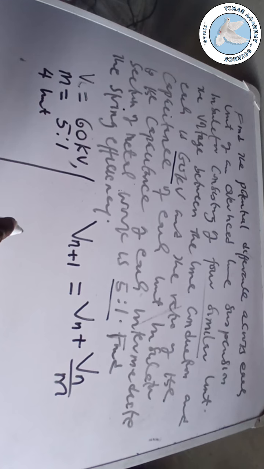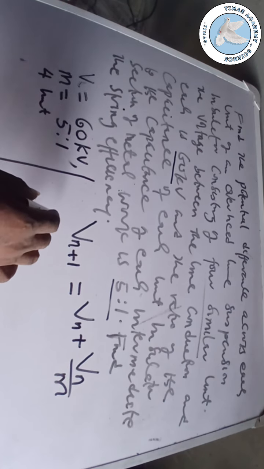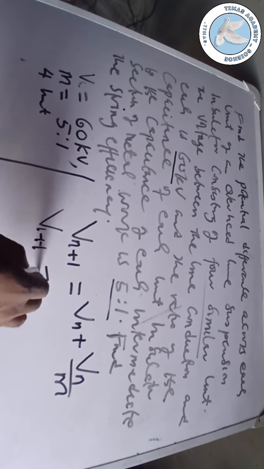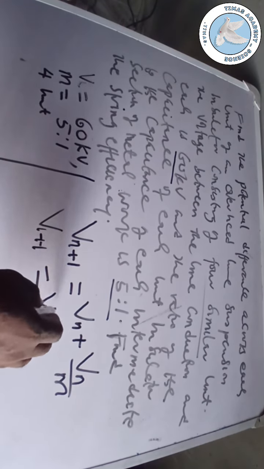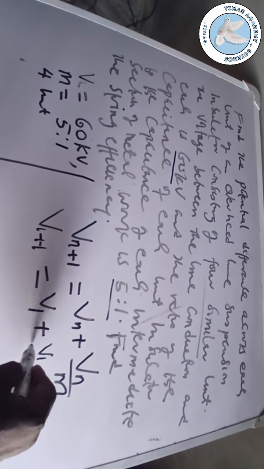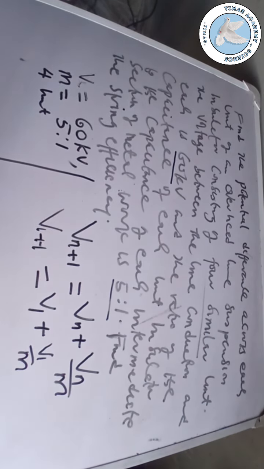So if we put 1 here, we are going to have V1 plus V1 divided by n. This will give us V2.